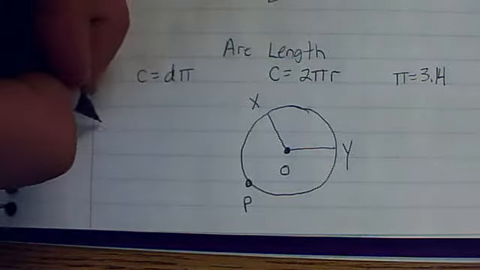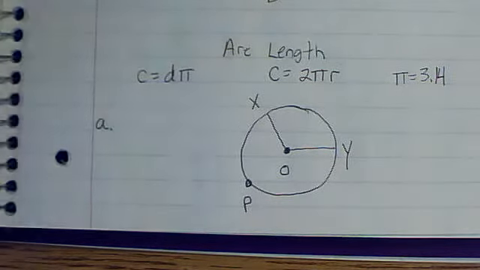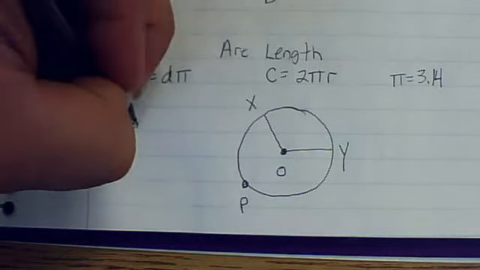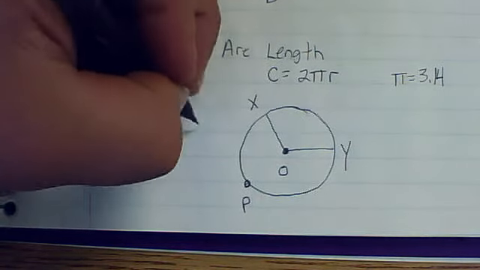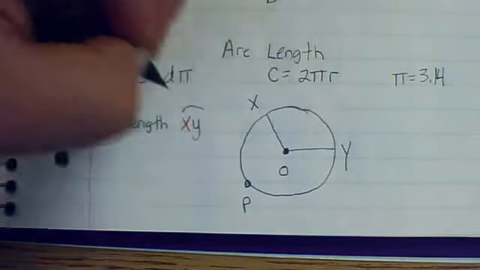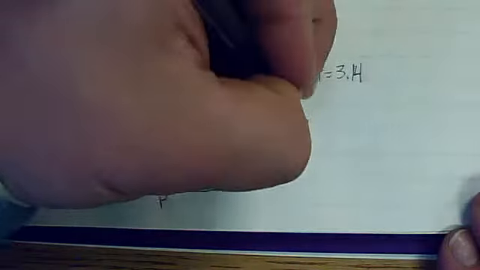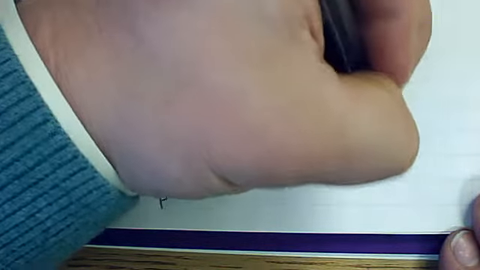The question I'm going to ask myself is twofold. The first thing I'm going to find is I want to know the length of arc XY. And the second question I'm going to ask myself is what is the length of arc XPY.